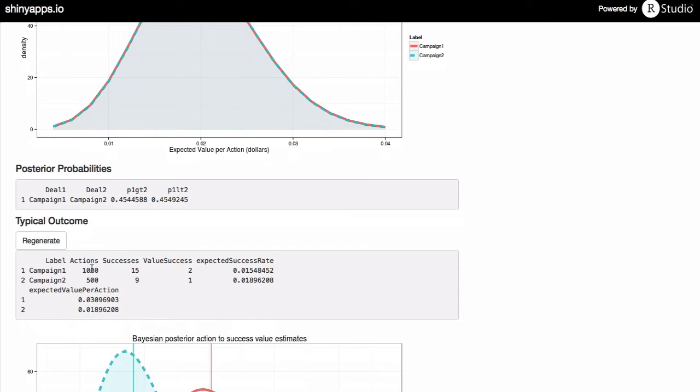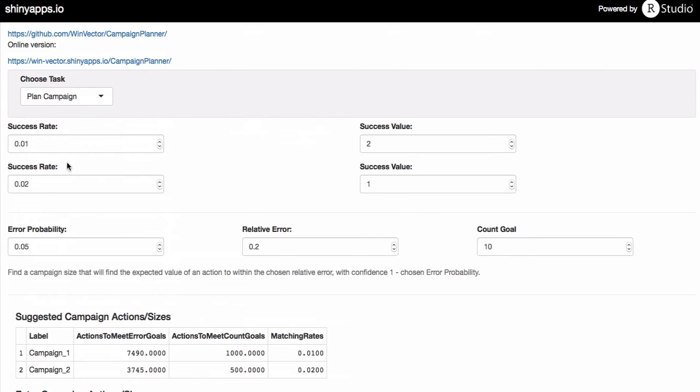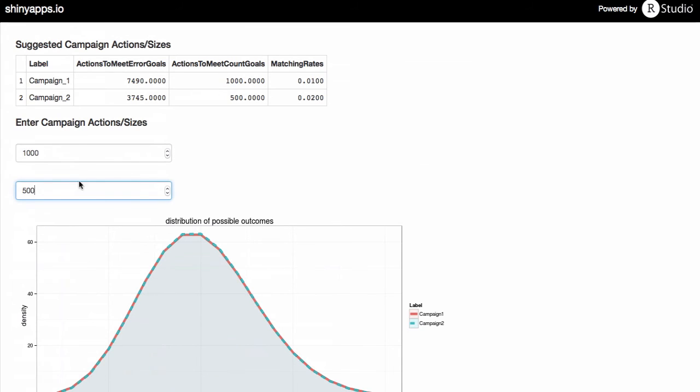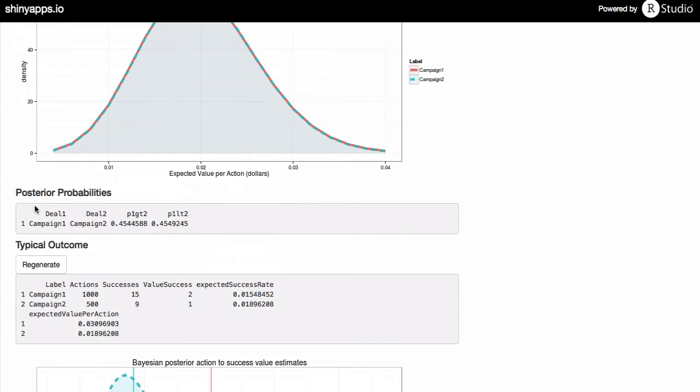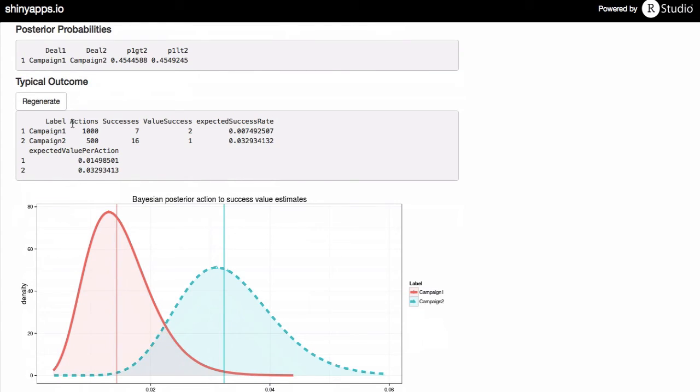The fun thing we can do is we can run this experimental design, which is the actual chosen values of the unknown true intensities and values and the size counts, and we can generate what a typical output looks like. And a typical output is, with 1,000 actions on the first campaign, we might see 7 successes, and with 500 actions on the second campaign, we might see 16 successes.